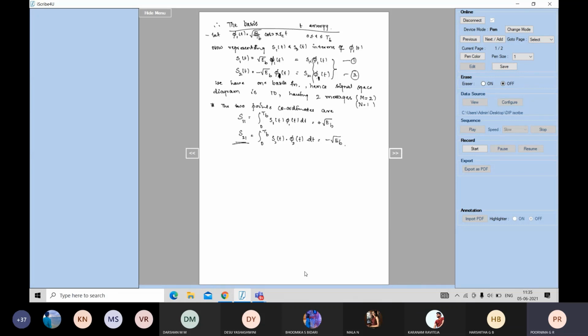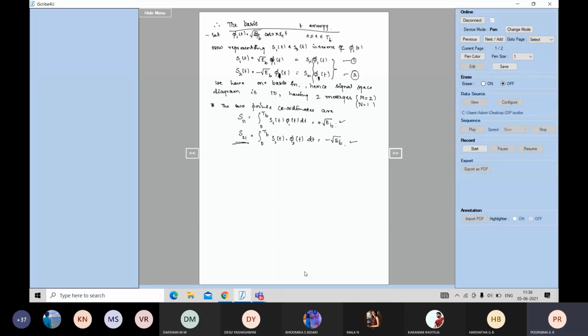Why have I chosen this as S21? Because in the signal space diagram, plus root EB is the first signal, and S21 is the second signal with one single basis function. So S11 is located at root EB and S21 at minus root EB.